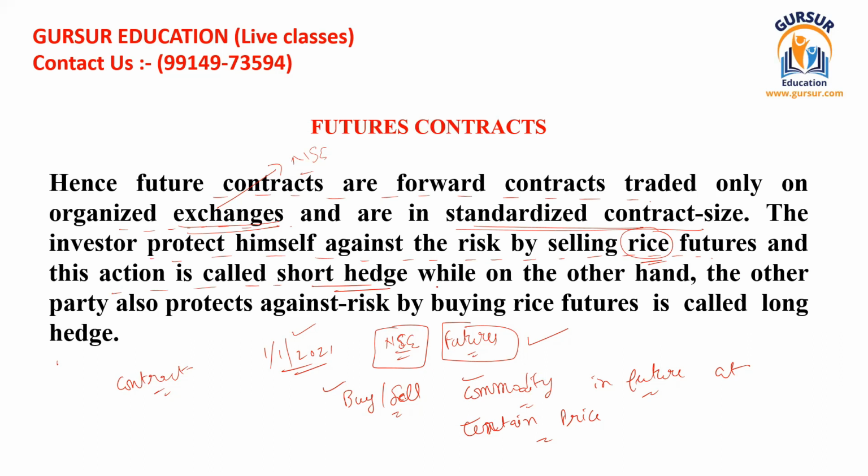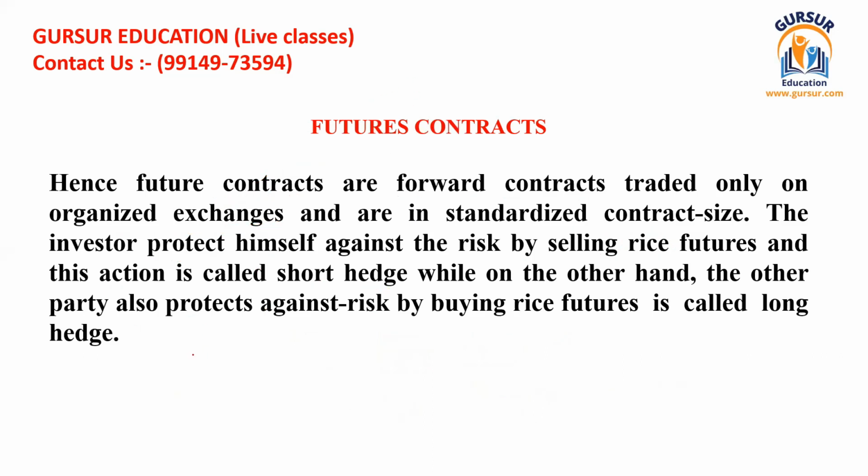And when you purchase futures contracts, this is known as a long hedge. Okay, so you may be purchasing a contract for buying some commodity at some specific date in future for a certain price; that shall be known as a long position or long hedge.